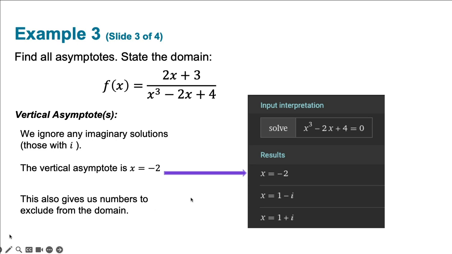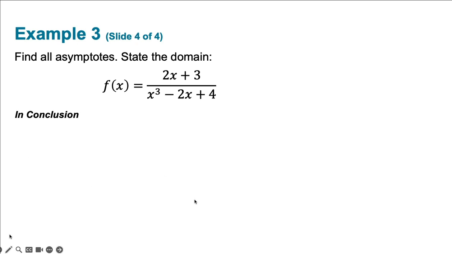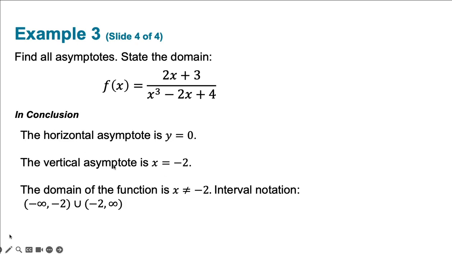So we're ready to write our conclusion. The horizontal asymptote is y equals 0, which is the x-axis. The vertical asymptote is x equals negative 2. The domain of the function is x not equal to negative 2.